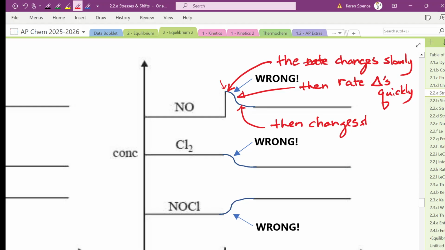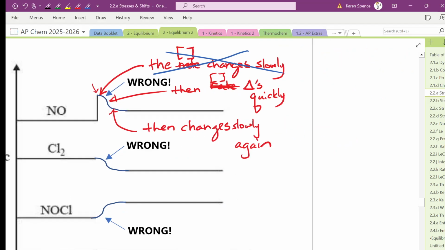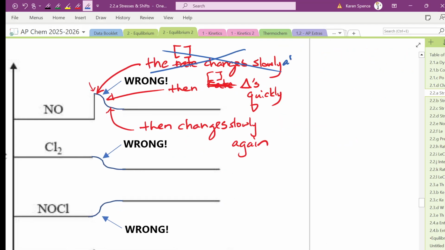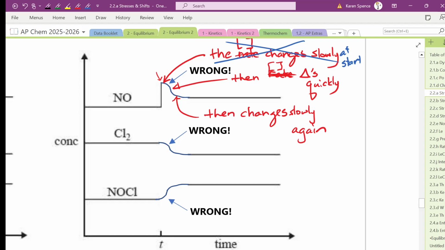Or in this case, not rate, this would be concentration. Concentration changes slowly, then the concentration changes quickly, then it changes slowly again. Does that make sense? No. Okay, this bit where it changes slowly at the start is incorrect. That's just wrong. It always changes quickly at the start. So the steepest part needs to be at the beginning of the shift. And these all have shallow.